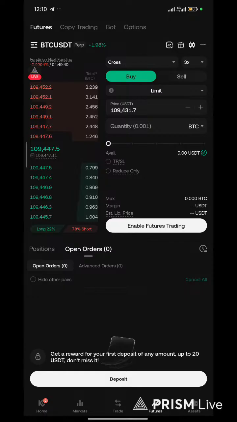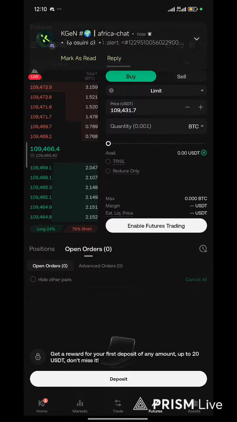Position means you might not be trading now, but you are still doing your analysis. Everything will be shown in position, coins that you have attempted to trade. I hope you are getting me.